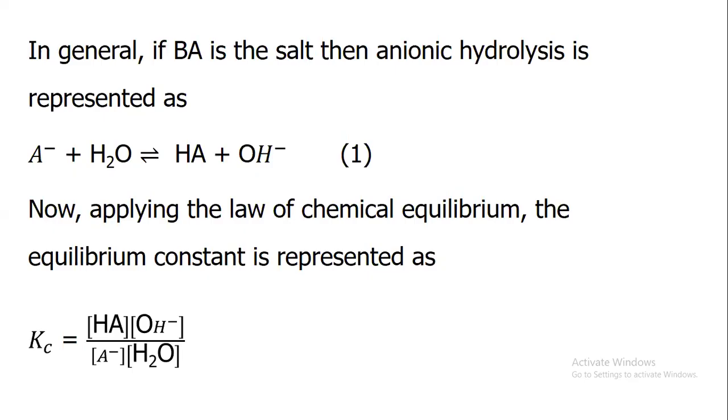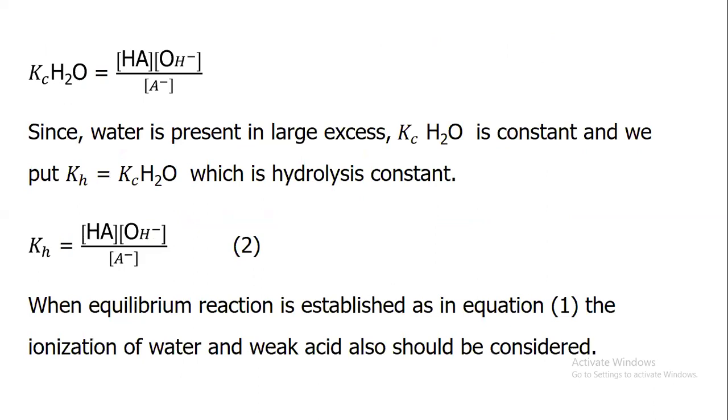Now applying the law of chemical equilibrium, the equilibrium constant is represented by Kc. Since water is present in large excess, Kc[H2O] is constant, and we put it as Kh, the hydrolysis constant. Kh is equal to [HA][OH minus] over [A minus].